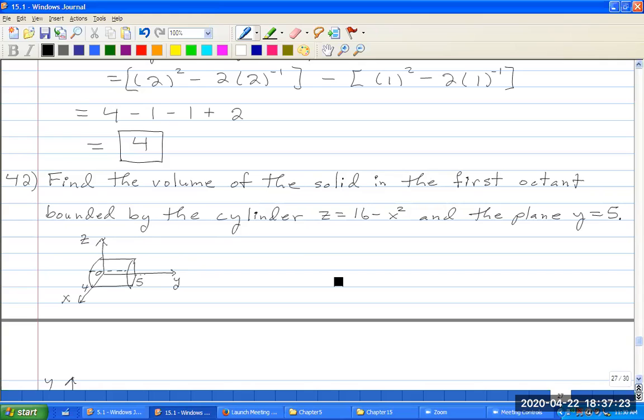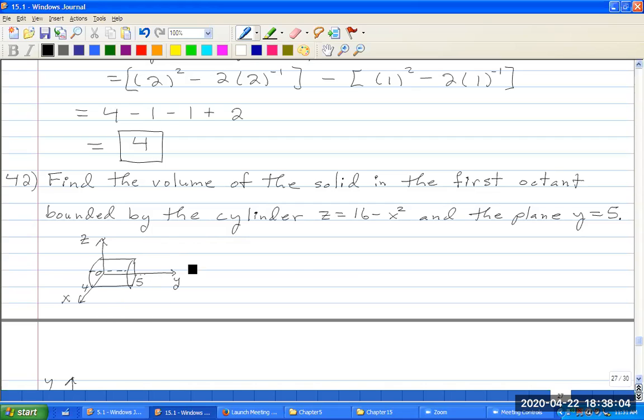Problem number 42. Find the volume of the solid in the first octant. So I want this to be in the first octant, so it's in this region here. Bounded by the cylinder. So I have this cylinder here, z equaling 16 minus x squared. So this is a circle of radius 4 centered along the y-axis.